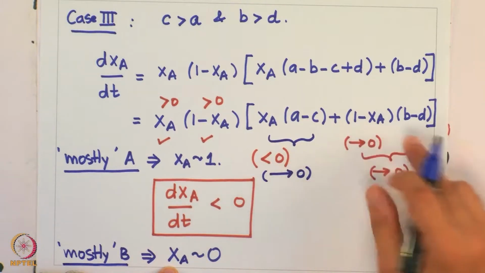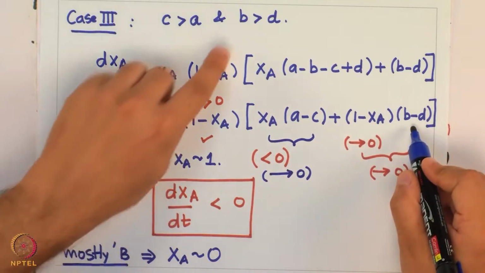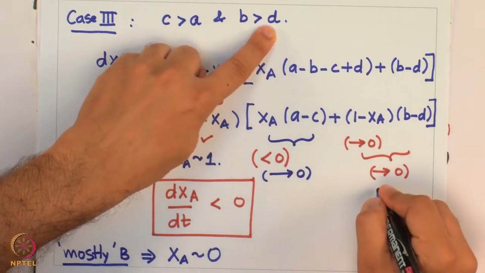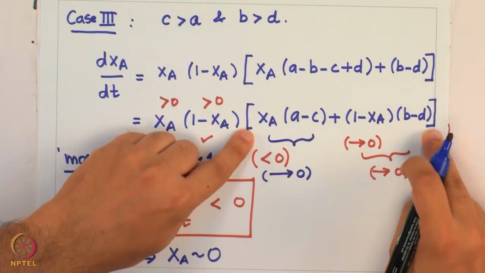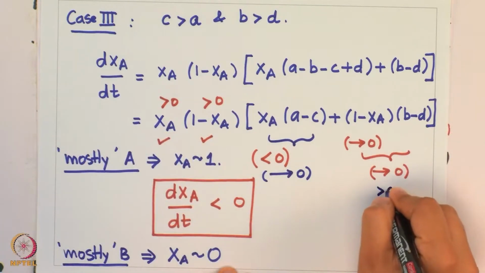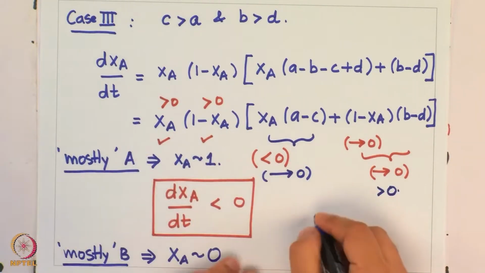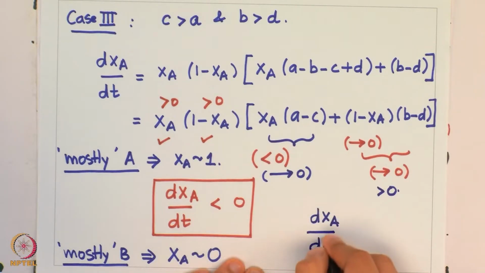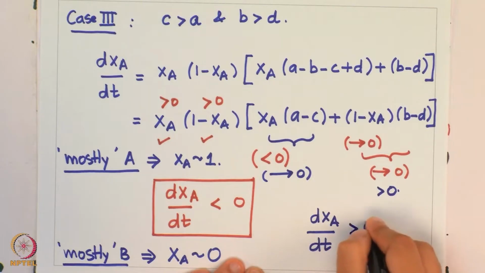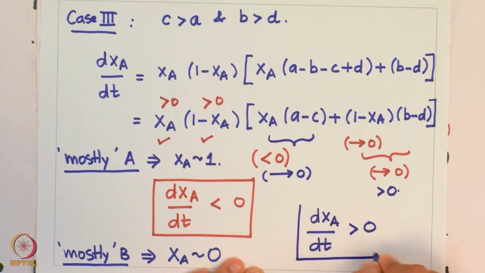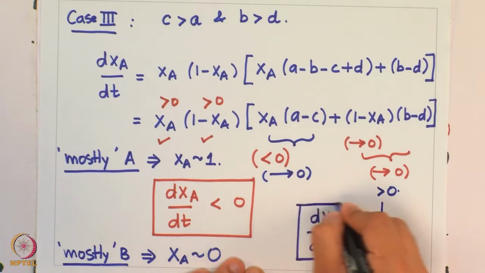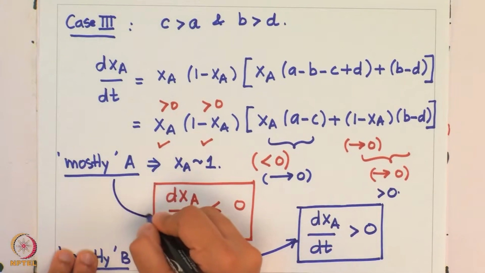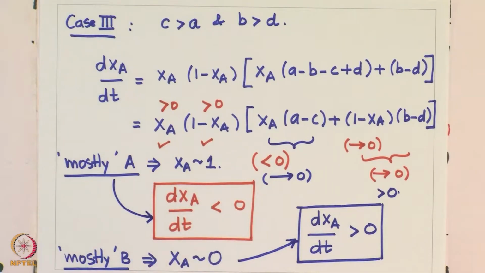Whereas 1 minus x A is multiplying with b minus d, and b minus d in the given set of conditions is greater than 0. Hence, this expression in the bracket in this condition is greater than 0, which implies dx A by dt is greater than 0 for this condition, whereas for this condition dx A by dt is less than 0.